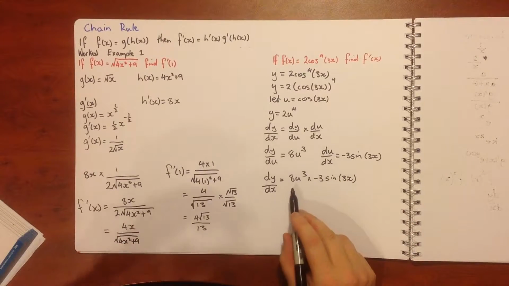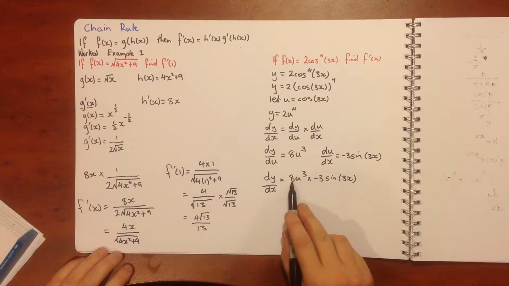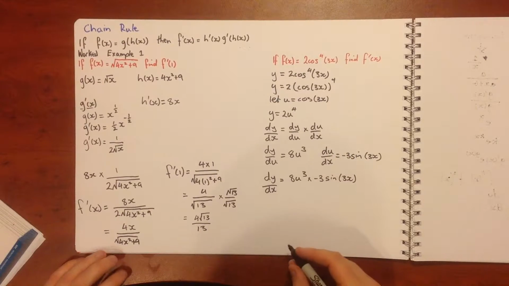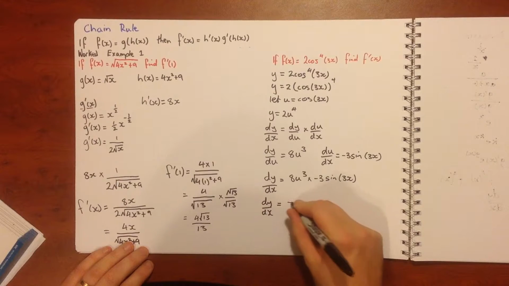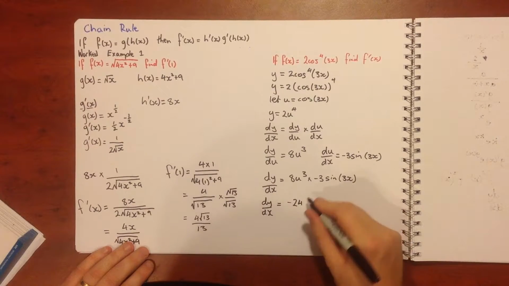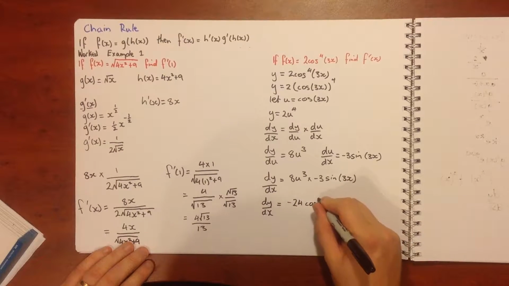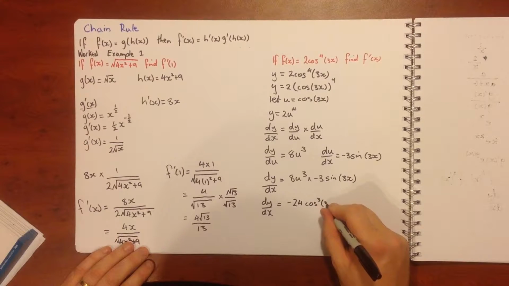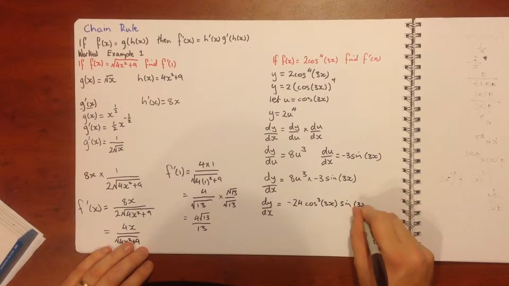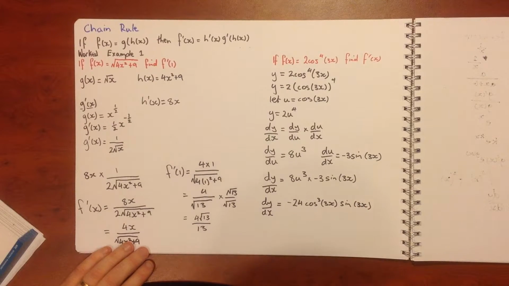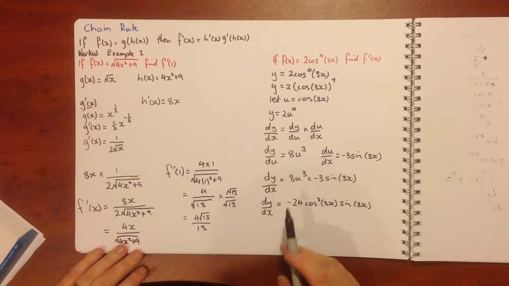At this stage we bring our minus 3 and our 8 together, and we need to sub our u back in. So dy dx equals minus 24 cos cubed of 3x sine 3x. And we're finished.